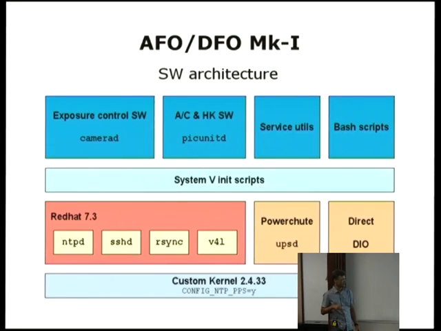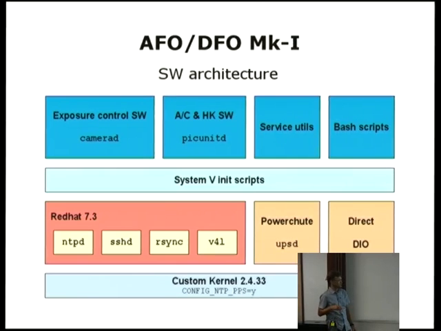Later, we upgraded it to this version of Red Hat with kernel 2.4. It's slightly modified with patches for NTP to use the PPS precise timing, so we have better than 1 microsecond time with GPS reception in the system.